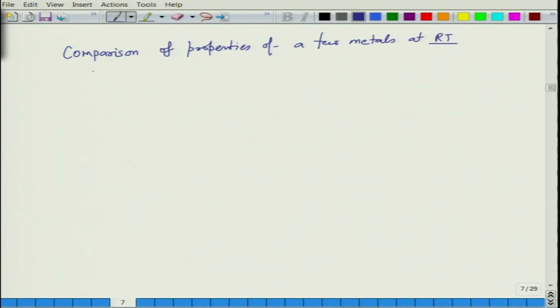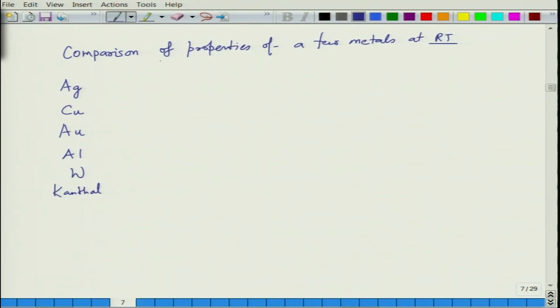Let's make a list: silver, copper, gold, aluminum. We can also add tungsten because it's an important one, and we can have canthal. Canthal is basically molybdenum disilicide, which is used for heating filaments.